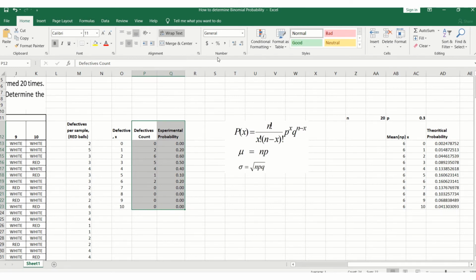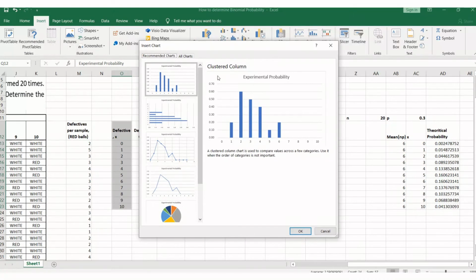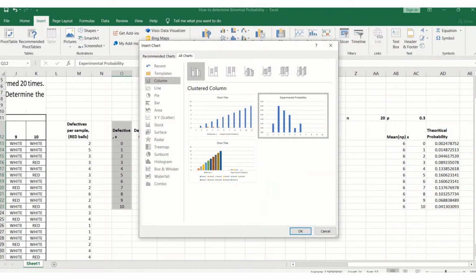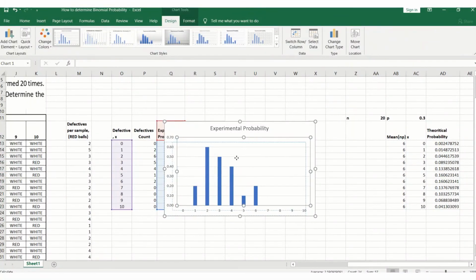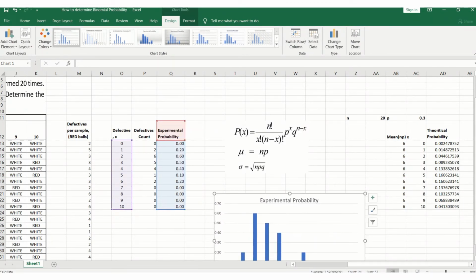Go to insert, just select this, control, experimental probability, go to all charts. We can see the figure here.